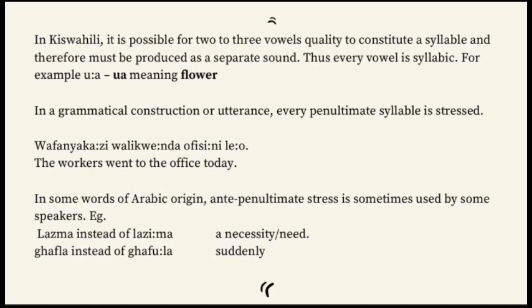It means that when you have a sentence or utterance, every last but one syllable is stressed. So in the example, wafanyakazi walikwenda ofisini leo, meaning the workers went to the office today.